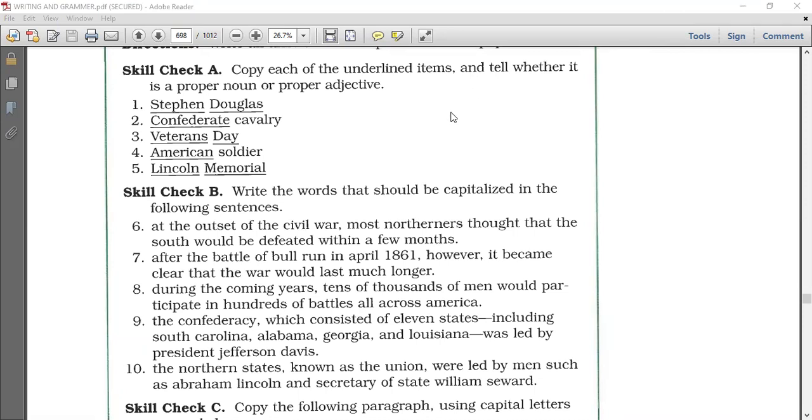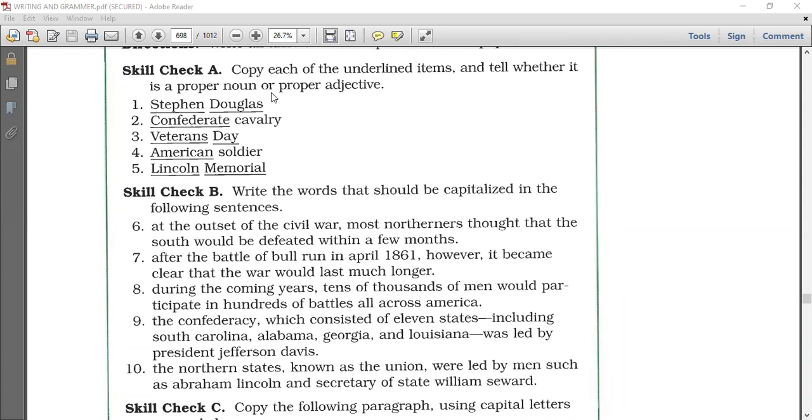Okay, so skill check A, copy each of the underlined items. We're not going to copy, of course, we're doing it orally, and tell whether it is a proper noun or proper adjective. Proper noun, you know, we have proper nouns, names of people, names of countries, names of places, names of things which have one item only in the world, like the Eiffel Tower, the Cairo Tower, and so on.